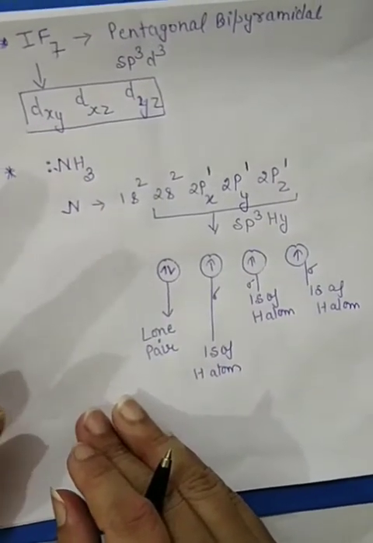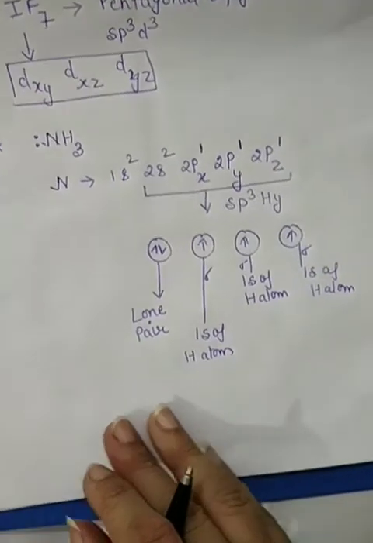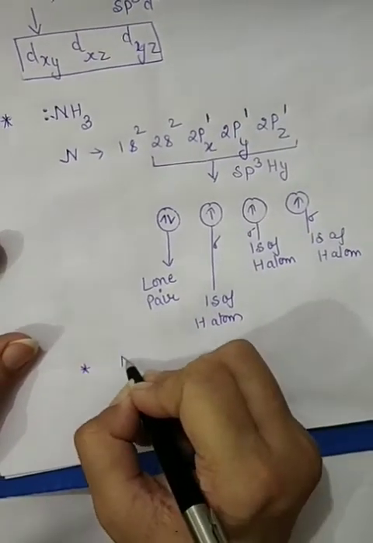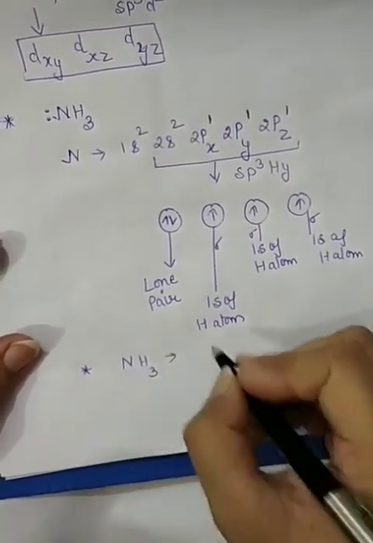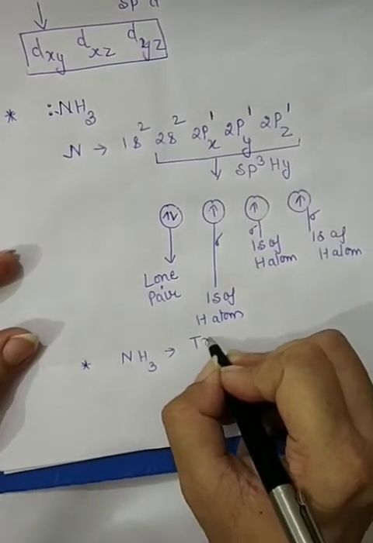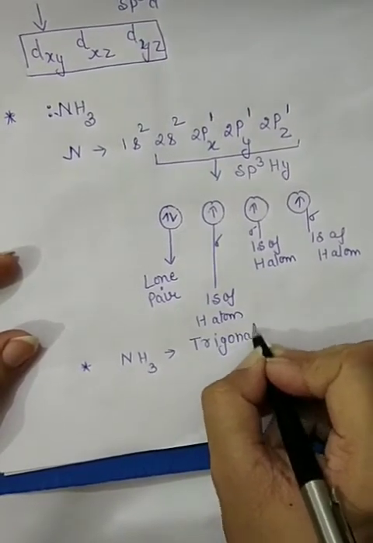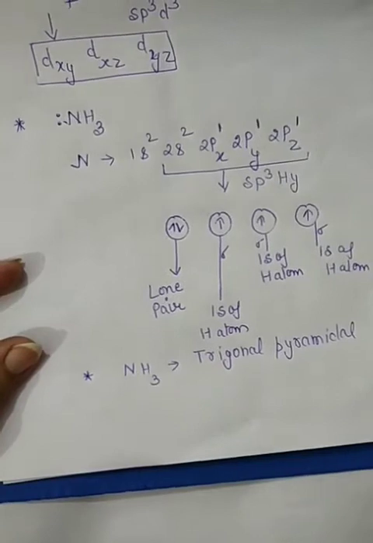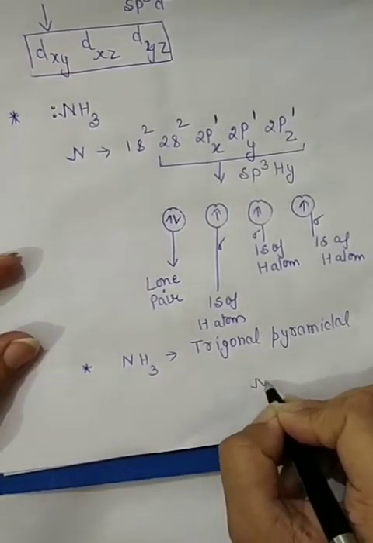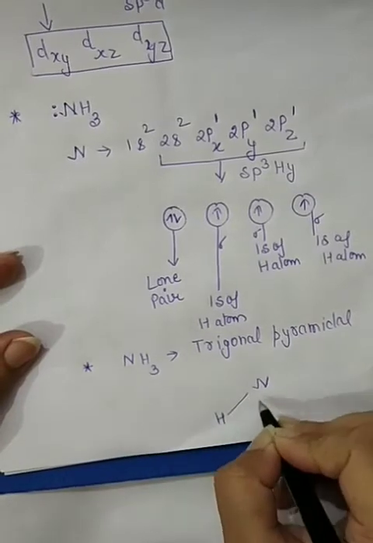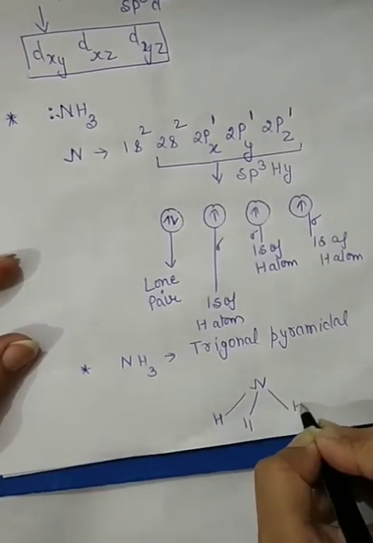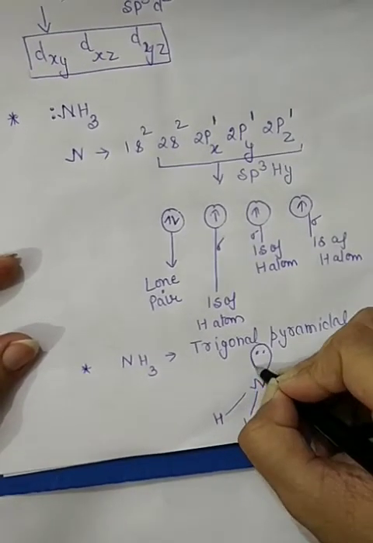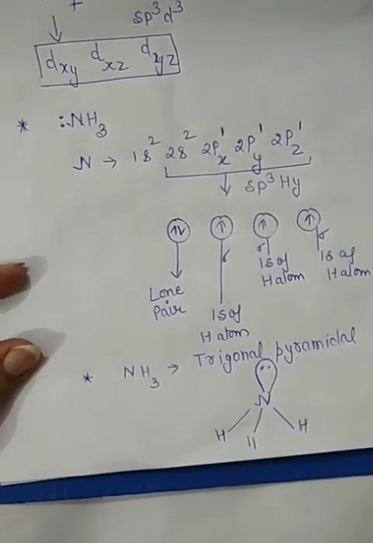So this was the overlapping in NH3. This overlapping gives trigonal pyramidal geometry to NH3, represented as this one: the central nitrogen is bonded with 3 hydrogens, and 1 extra electron pair is present at nitrogen, which does not participate in bonding in ammonia.